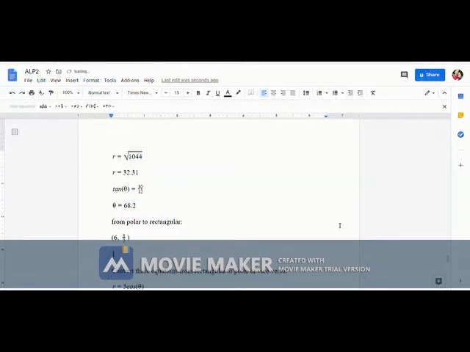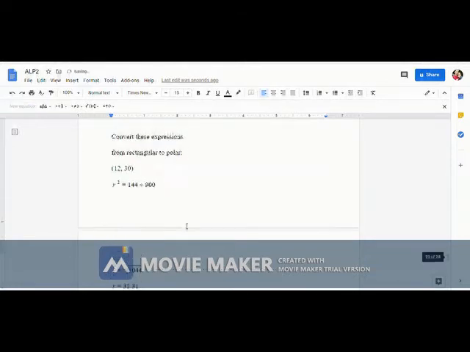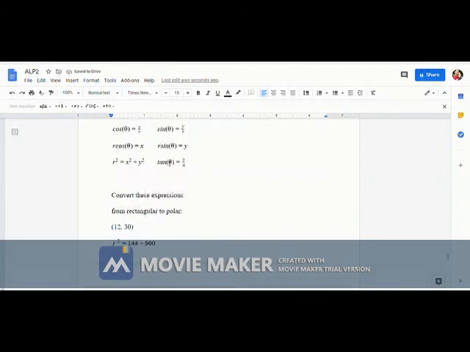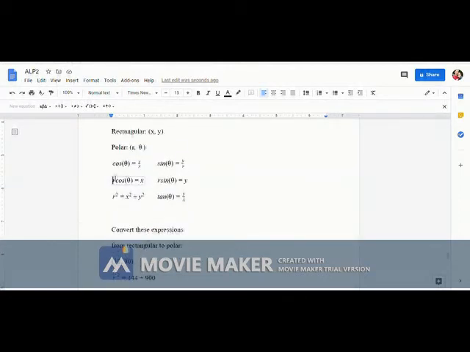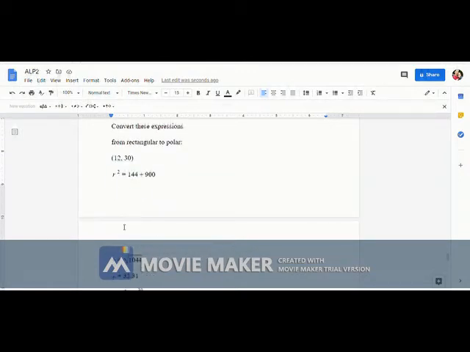Since we know what r and theta both equal, because they're given to us here, we can set x equal to r cosine theta and y equal to r sine theta.